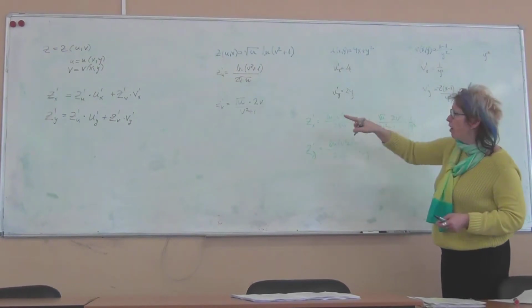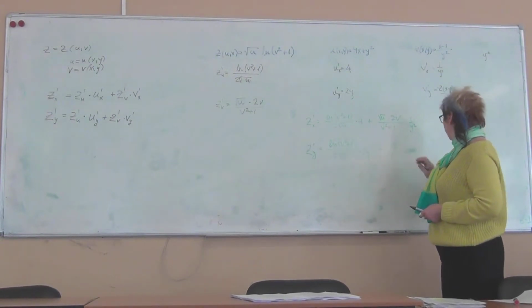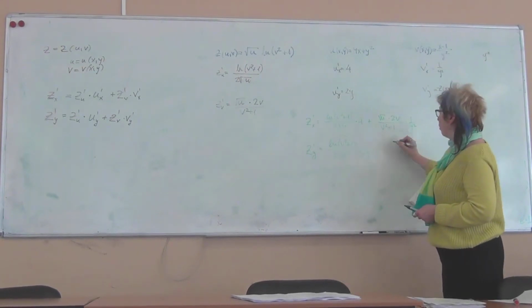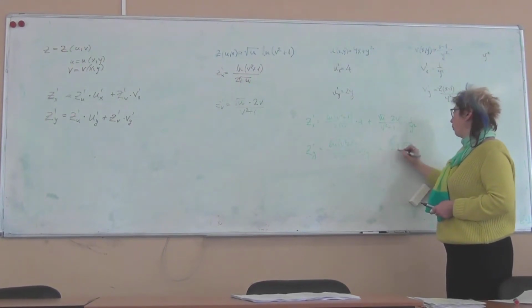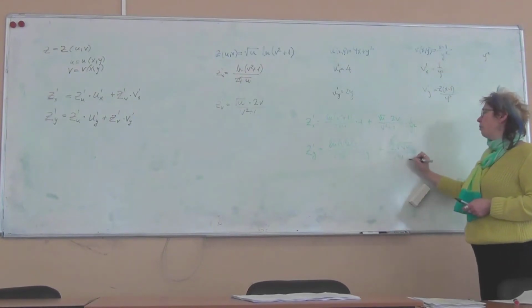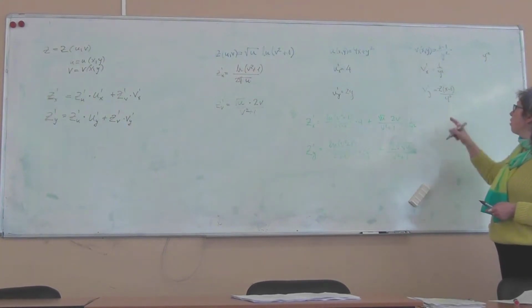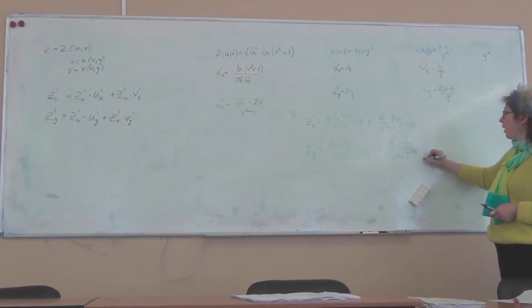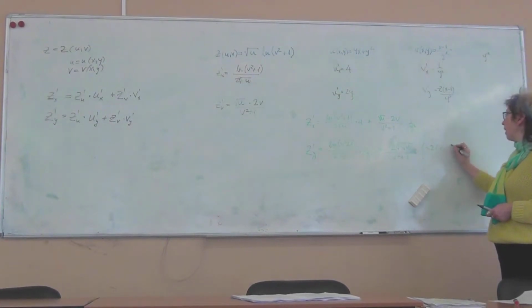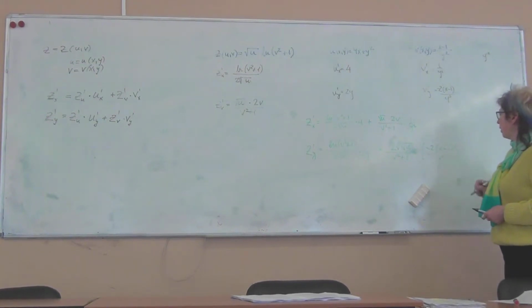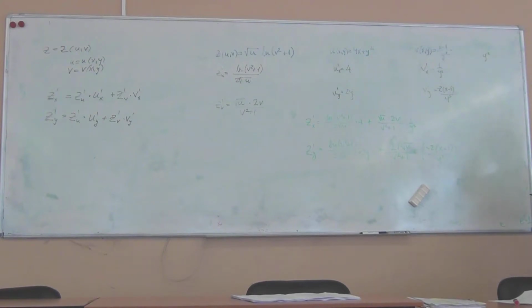Plus z derivative by v, I will write 2v square root of u over v squared plus 1, times the derivative by y, which is this. Okay, at this point I'm just writing it like this, and if necessary, it can be simplified. I would prefer to simplify personally, but okay, I'm forcing myself to stop here and not to try to do anything else.